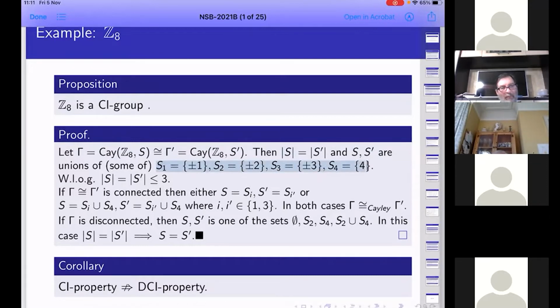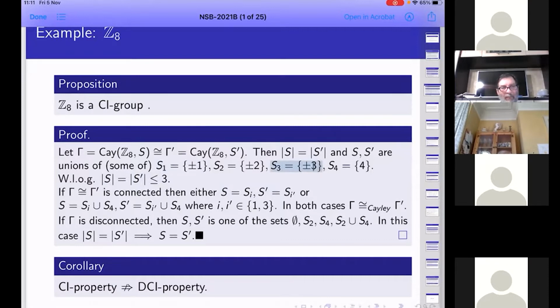Now, because the graphs are isomorphic if and only if their complements are isomorphic, I may assume that the connection sets have cardinality at most 3. So if both graphs are connected, then it leaves us 2 choices. Either the connection set has cardinality 2 and coincides with either S1 or S3.